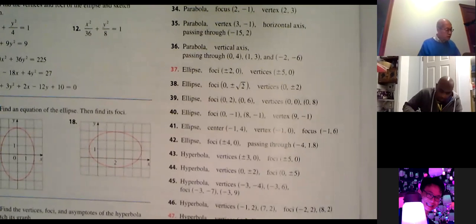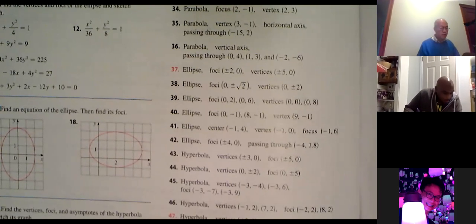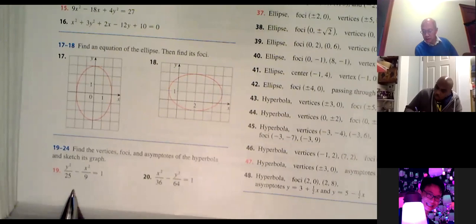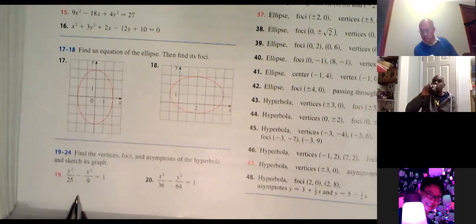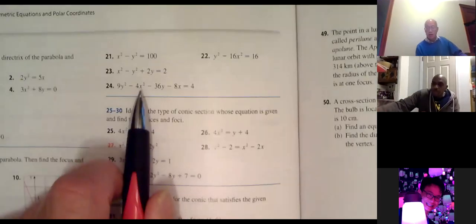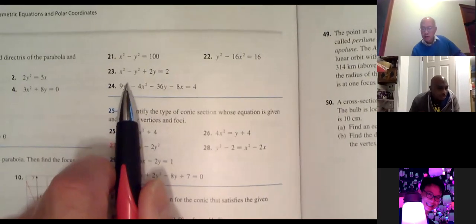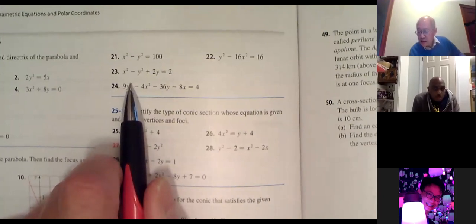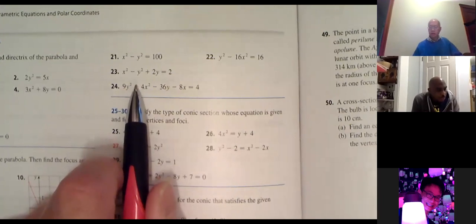But let me make a comparison. 19 matches. 21, where's 21? Okay, that matches. 23 does not match. My 23 is harder. So if I show you the harder one, maybe you can do the easier one.